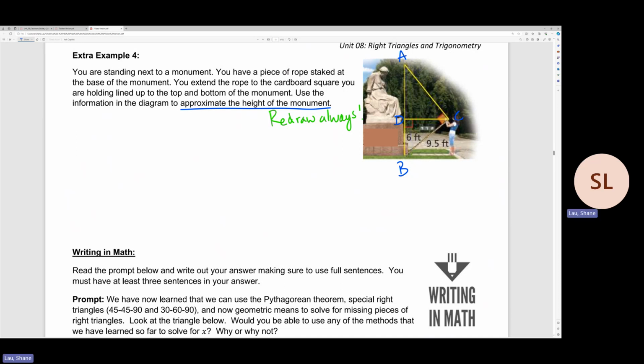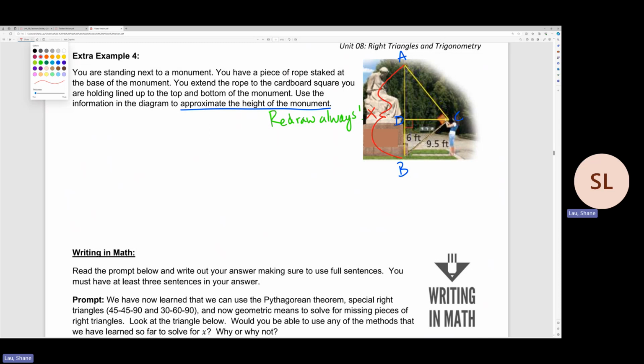But realize here that I actually have a leg, which is CB, and I know CB squared is equal to DB times AB. And AB is what I'm looking for, so that's my x if I had to give it a variable. This is my x.